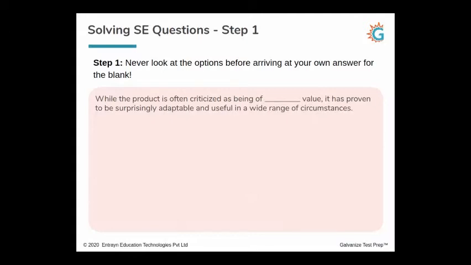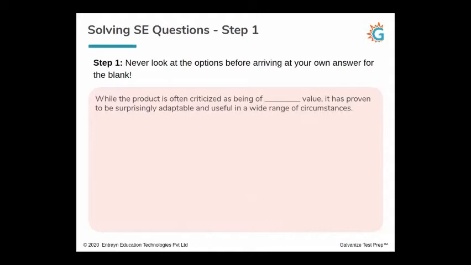Okay, this is the first point I would like to tell you, because I've seen a lot of students struggle because they see the options and once they look at the options, they cannot unsee it. So whenever they read the sentence, that option comes to their mind and they'll read the sentence in that color. It biases you.